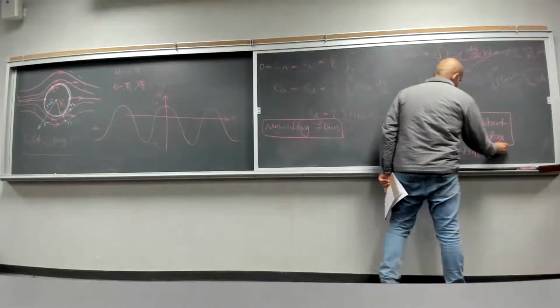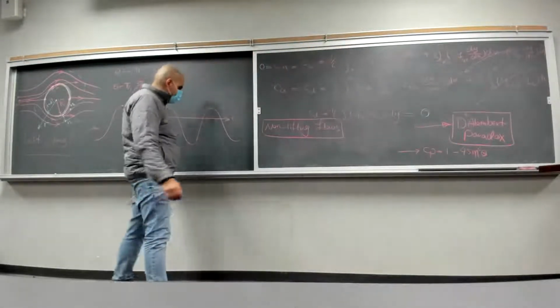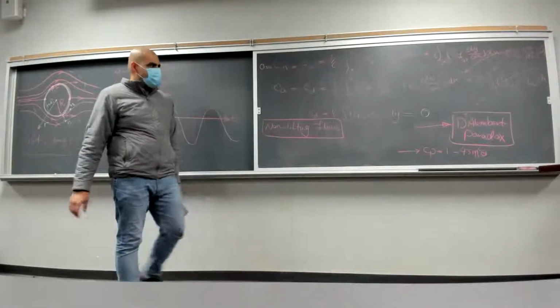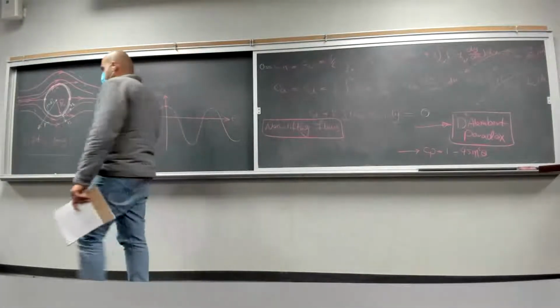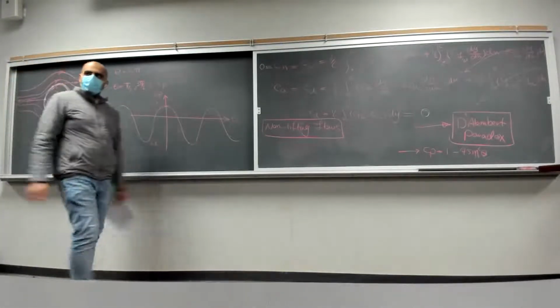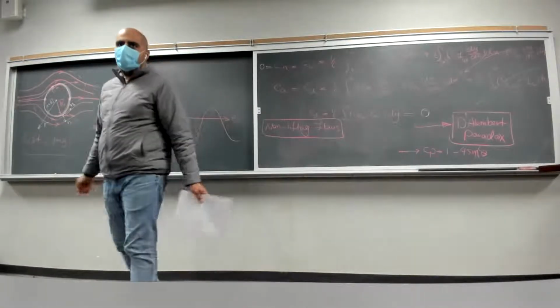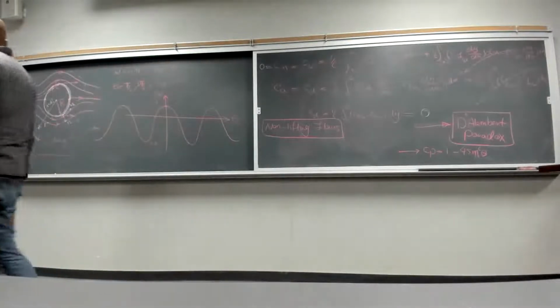This guy was a French physicist in the late 18th century, and he was the first person to observe this paradox, right? That you are getting 0 drag, which obviously you shouldn't, because you are pushing the cylinder, right? You should get some drag, right?